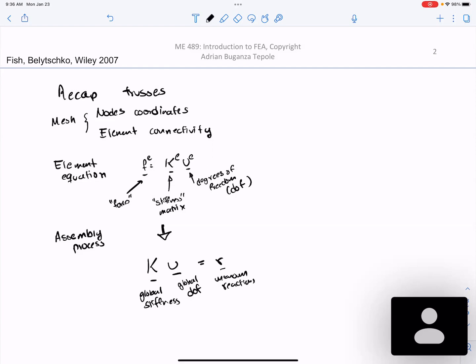I should say here, in this form, it's global degrees of freedom plus nodes with known degree of freedom, or nodes with boundary condition. These are external forces.